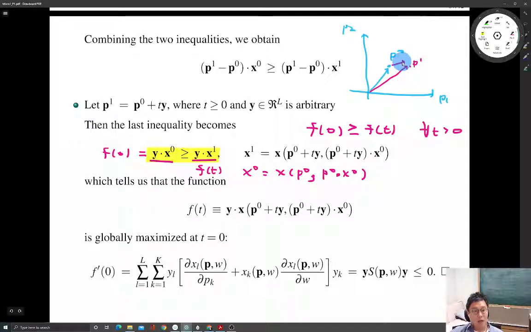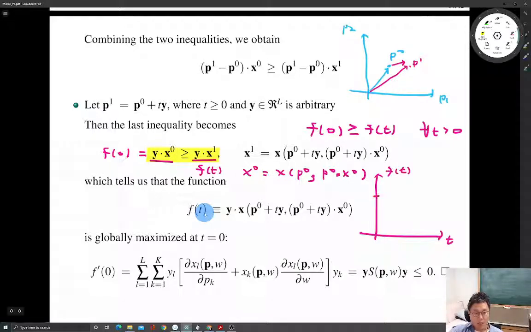That means if we reformulate this inequality in terms of the function f of t, then we can see that the function is globally maximized at t equal to 0. We don't know the exact graph of this function, but at least in the neighborhood of 0, this is f of t.